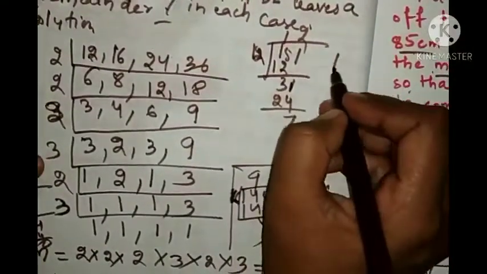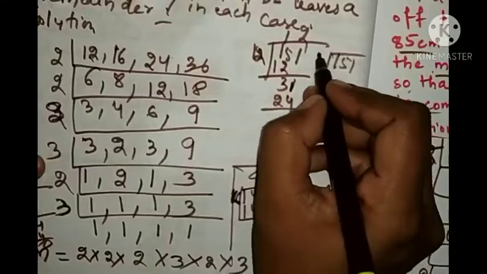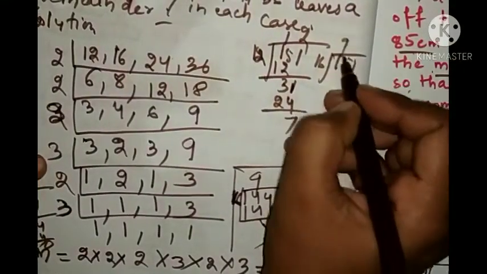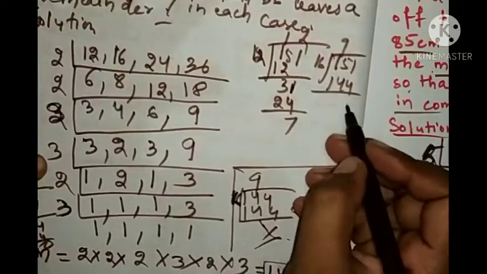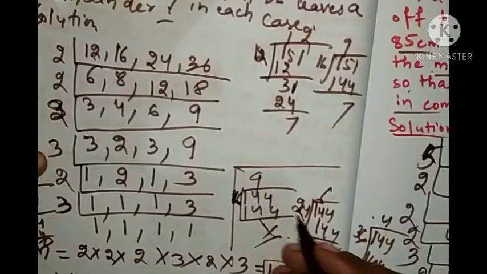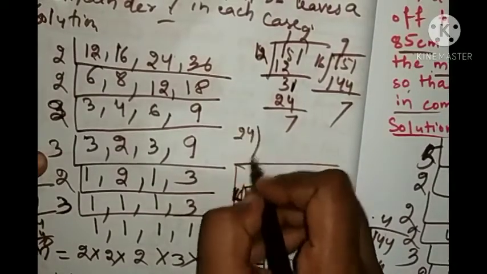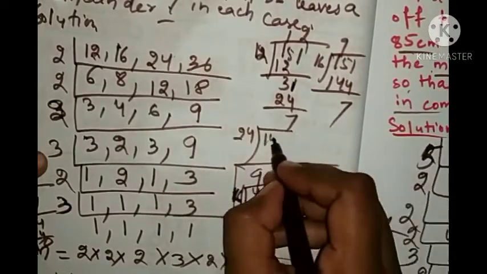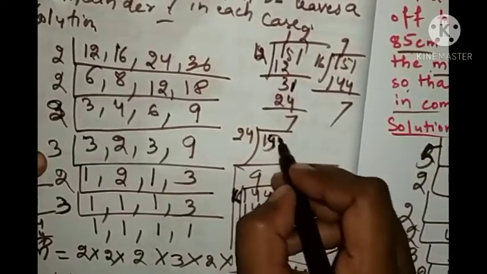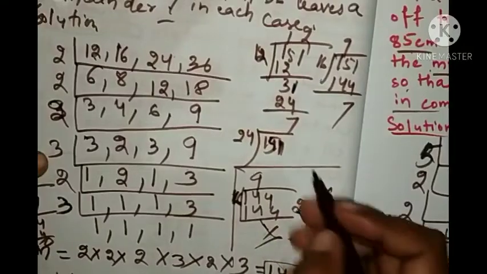Then I will do 151 divided by 16. 16 nines are 144. What am I getting? Remainder 7. Next I will check by 24. 24 sixes are 144.